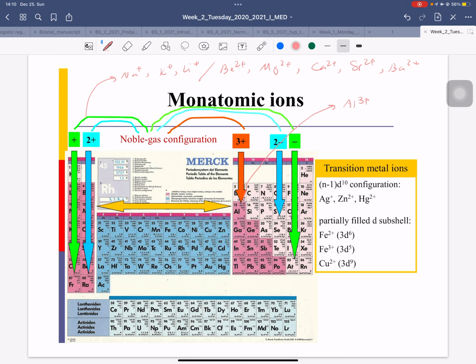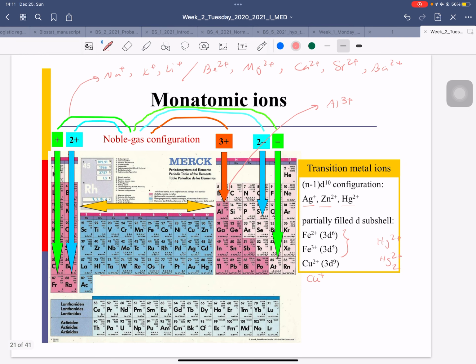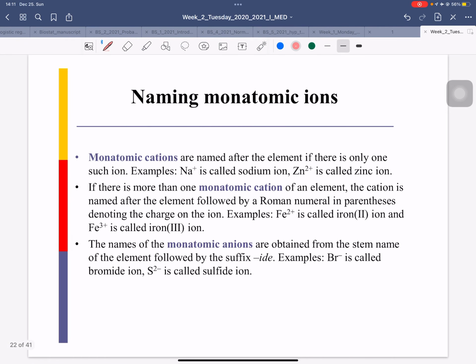Usually we can have ions from transition metals. But a transition metal has different oxidation numbers, so we can have, for example, Fe2+, Fe3+, or Cu2+, Cu1+, mercury 2+, mercury 1+. All of them are usually monoatomic. For example, also silver 1+, Zn2+, and mercury 2+, are monoatomic.